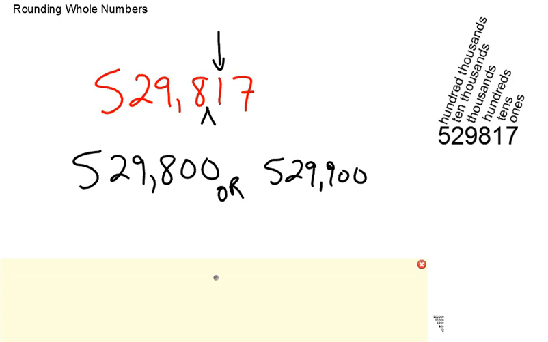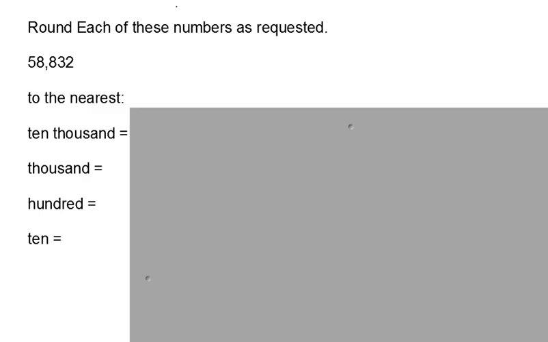That's our choice. The 1 tells us that we do not bump it up, so in this case we round to 800. So we read our final answer, round it to the hundreds, as 529,800.